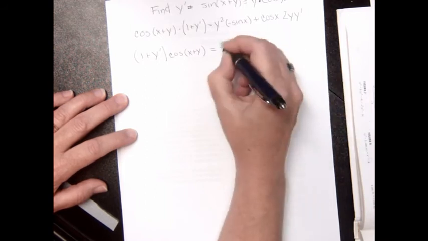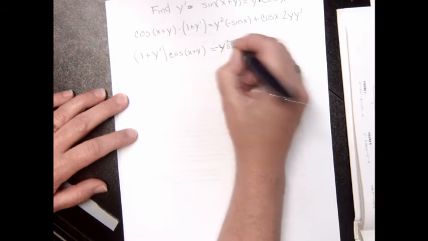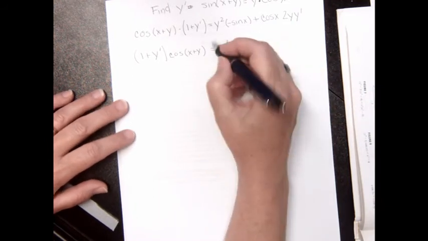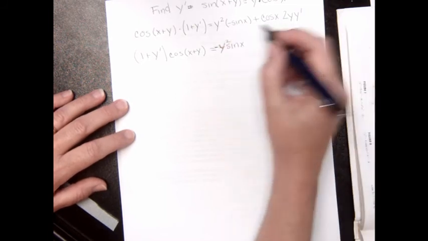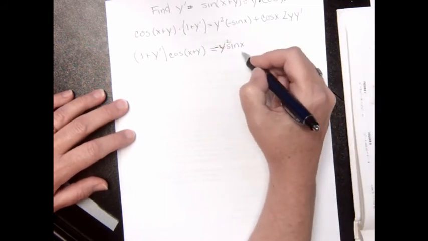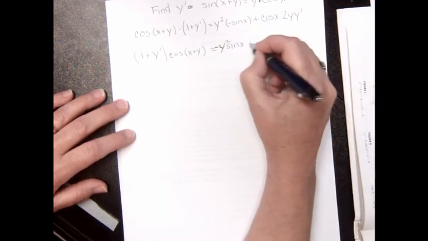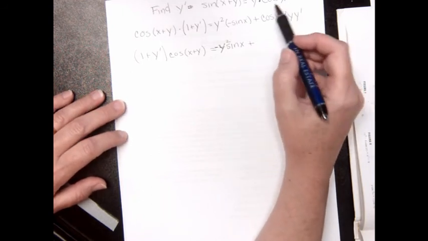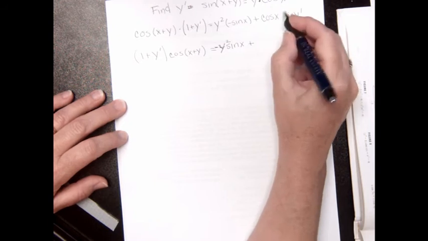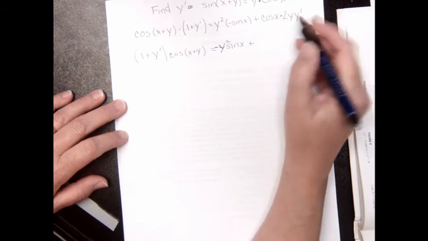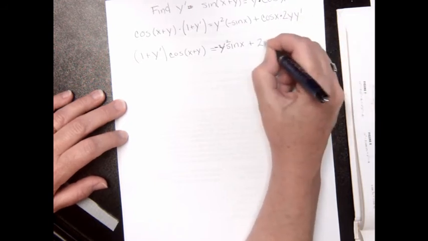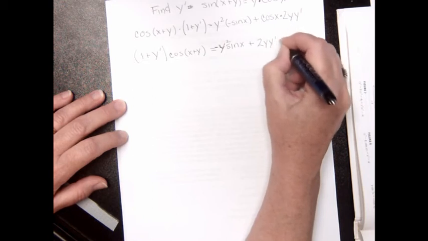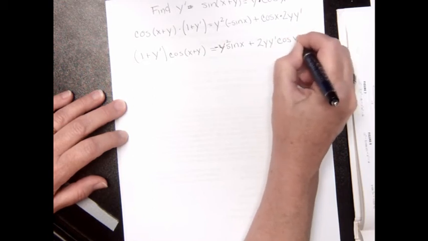Well, actually, I should probably put the y squared in front here so that I don't get that again confused with the underneath the sine. So negative y squared sine x plus, all right, now this was cosine x and then times 2y, y prime. So this is 2y, y prime cosine of x.